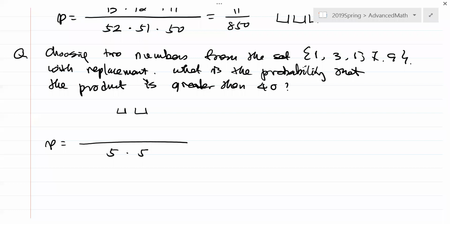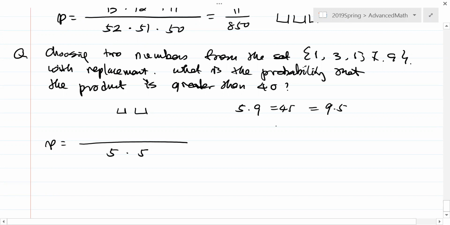Then you have to figure out all the other possible combinations which give you a product greater than 40. There are 6, right? So you figure out 5 times 9 is 45. Then this also should be the order, 9 times 5. And 7 times 7 is 49.